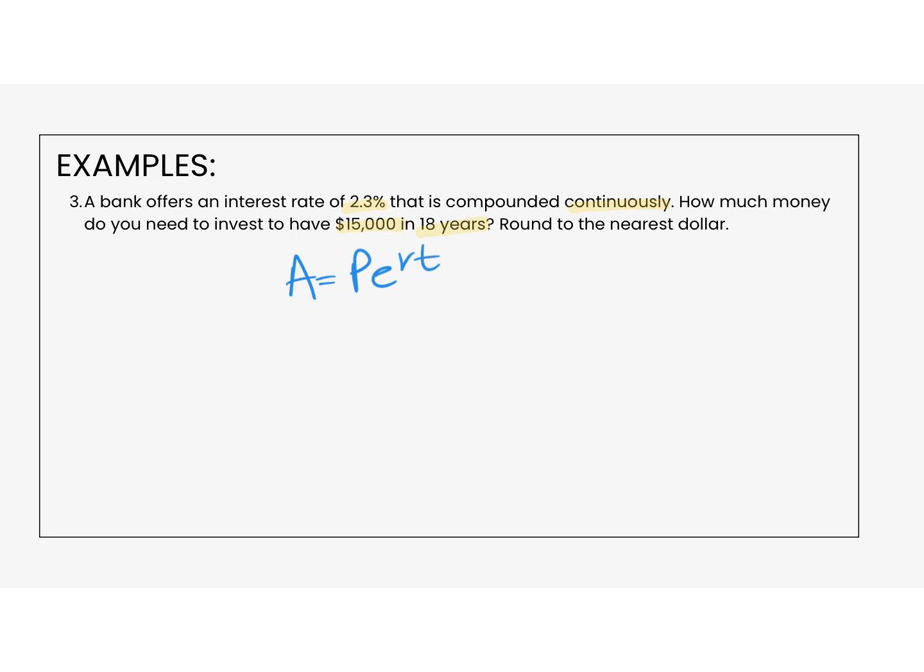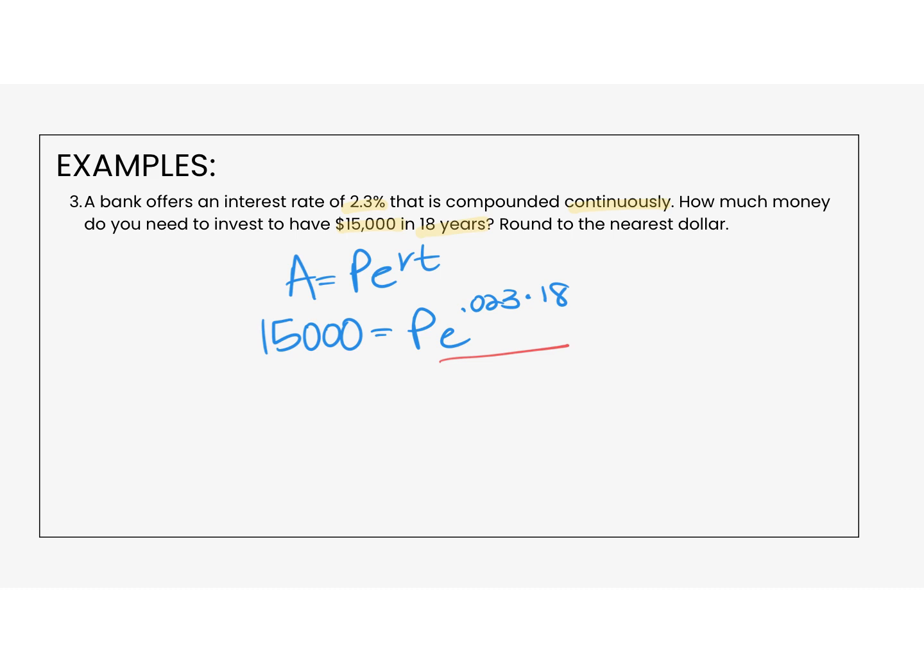I know my amount that I want to have, right? So that 15,000 goes over here. I don't know my initial investment amount. And then I know my rate is 2.3% times 18 years. So I can evaluate this on my calculator. Just take e to the power of 0.023 times 18.